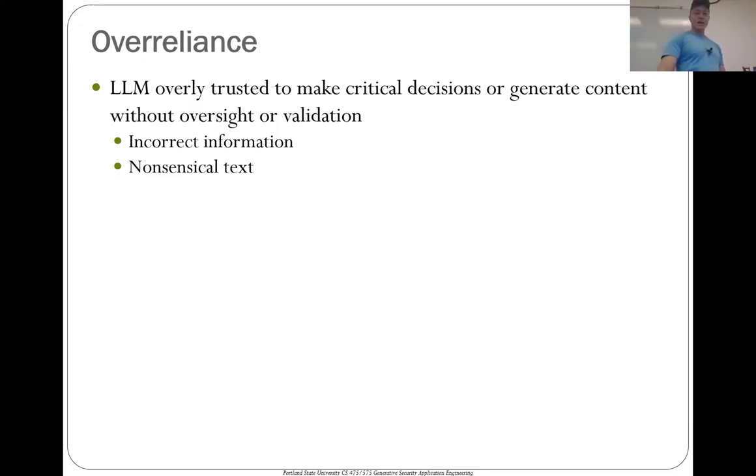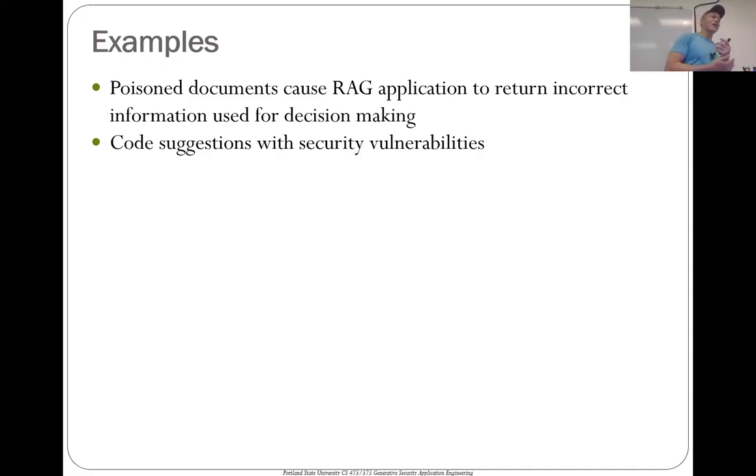Okay. So some examples. You could have poisoned documents that cause your application to go awry. And because you only tested with legitimate, innocuous ones, you begin to rely on your agent for all sorts of things that you shouldn't.